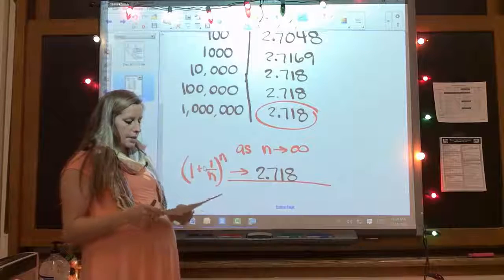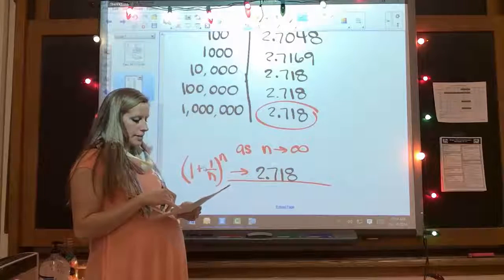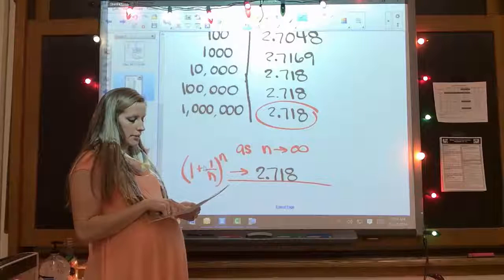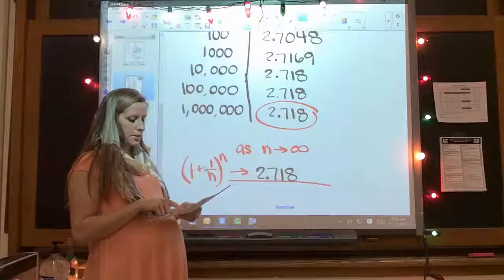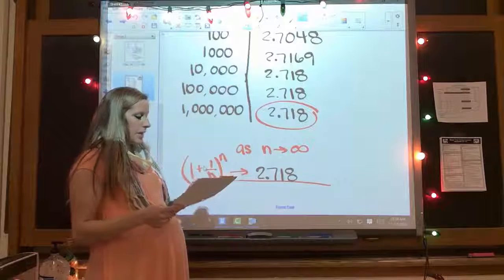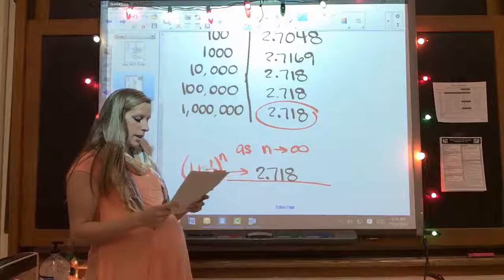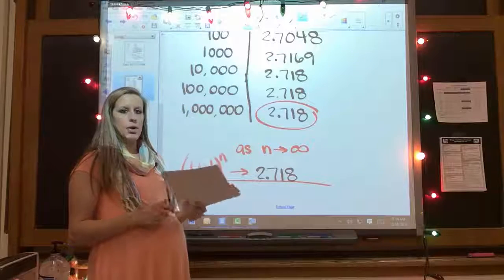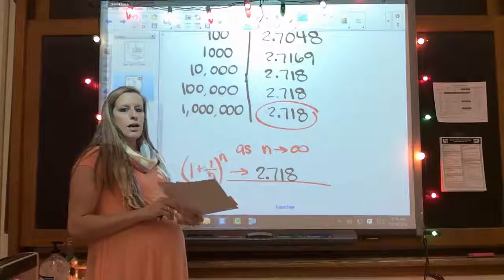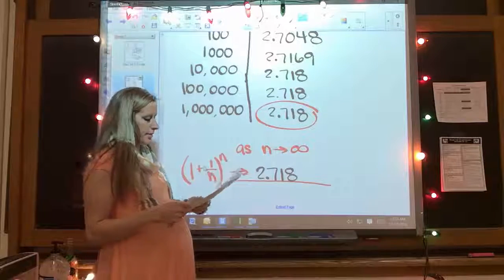And at the bottom, it says the number e is an irrational number defined as the number that the quantity 1 plus 1 over n to the n power approaches as n approaches infinity. So e is what we just figured out, 2.718. And we'll use this a lot more with natural logs, logarithmic equations, stuff like that.